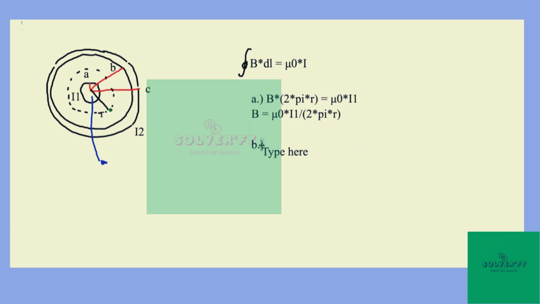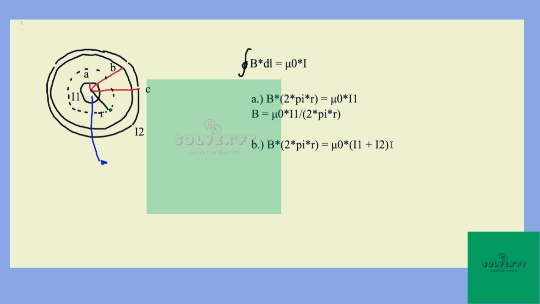So we can use the exact same equation, the same setup, except now the current enclosed, notice, is going to be I1 plus I2. They're in the same direction. It doesn't really matter which direction, we can pick either one. The question doesn't specify. But since they're in the same direction, we can just simply add them.